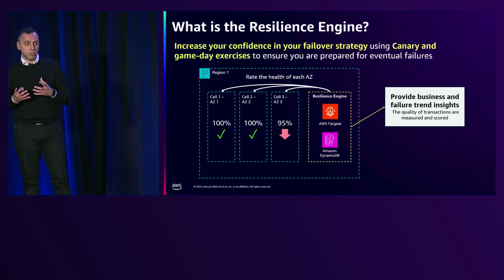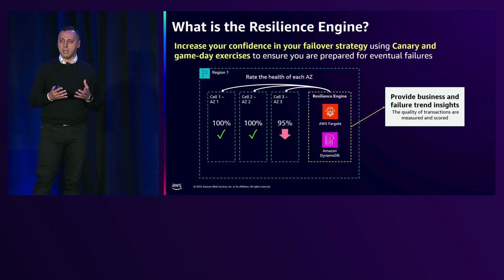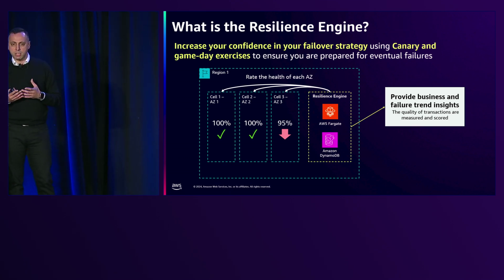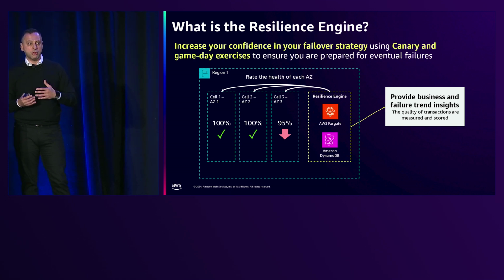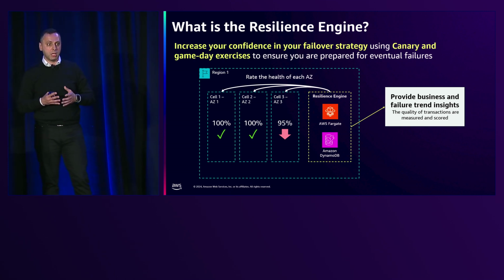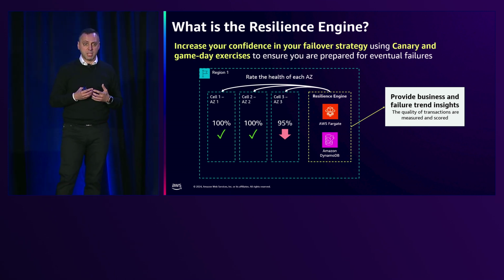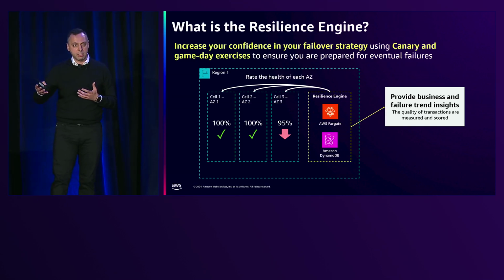Now, once we start noticing that there's a shift or a slip in our SLAs, or we're about to breach an SLA, the cell router, or the resilience engine, will issue a decision to shift traffic from one cell to another. And at the same time, we'll notify downstream teams that there's an issue that came up, so they could react quickly and address that need.